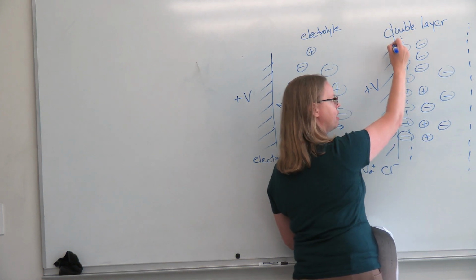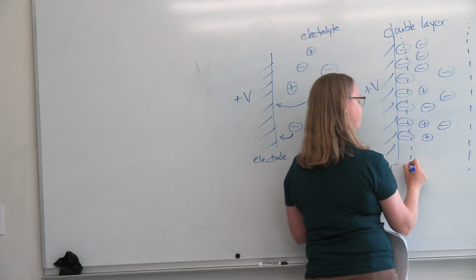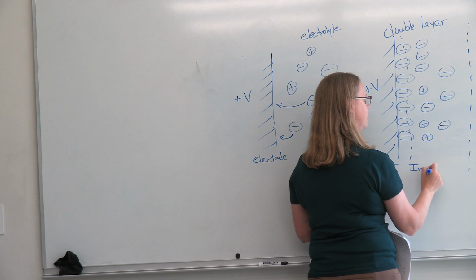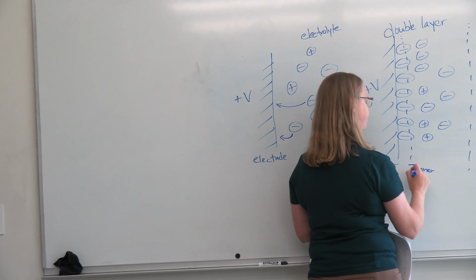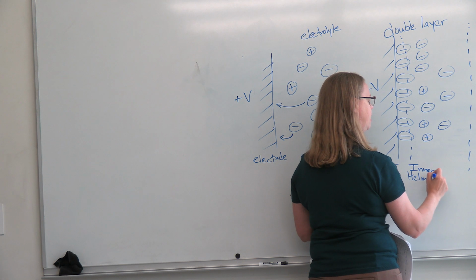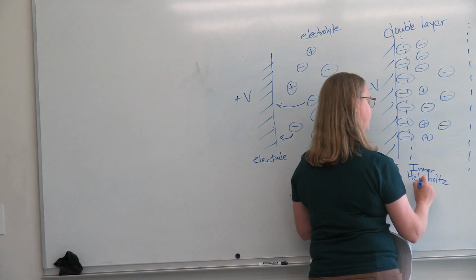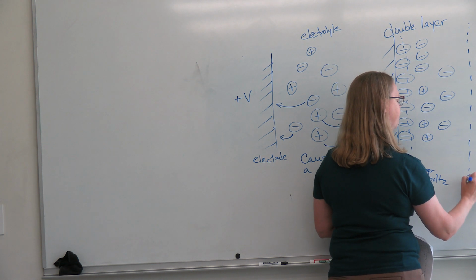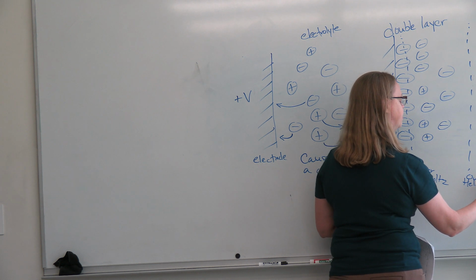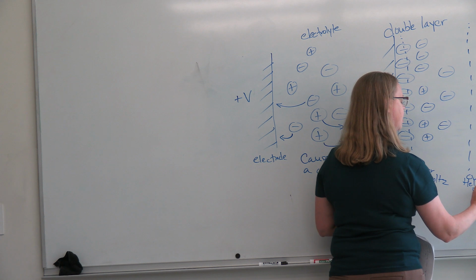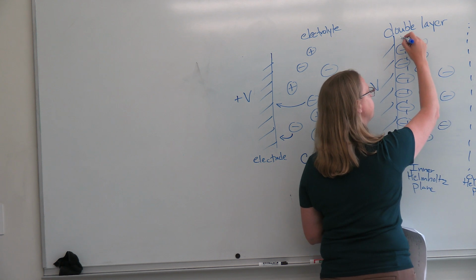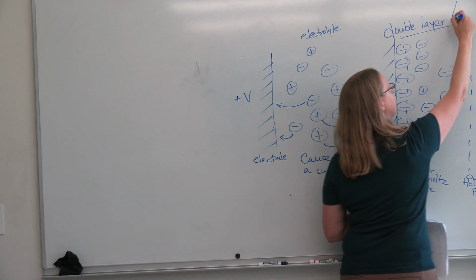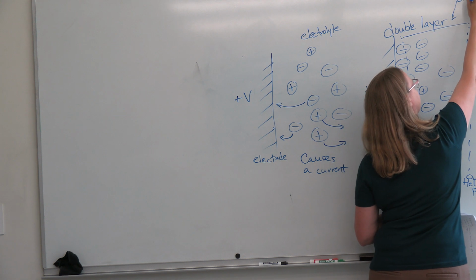Right here where the negative ions adsorb, this is called the inner Helmholtz plane. And if you go out here, this one is the outer Helmholtz plane. There are other names for this. Sometimes people also call this the diffuse layer.